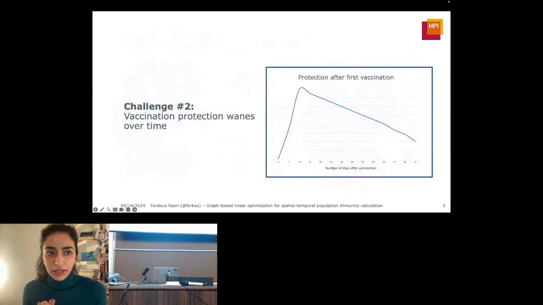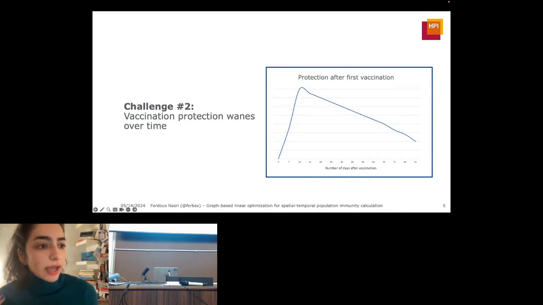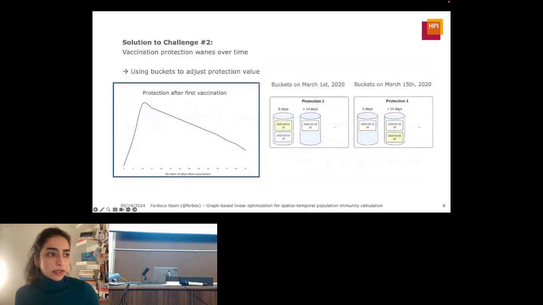The next challenge we faced was taking into account the waning of the protection level of each vaccine. So we know that, for example, for SARS-CoV-2, in the first 14 days, the vaccination protection grows over time, and afterwards it wanes much slower than how it grows, obviously, but this needs to be taken into account. And we did this by creating buckets.